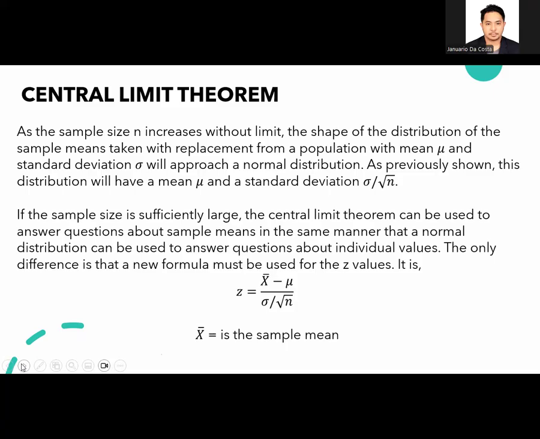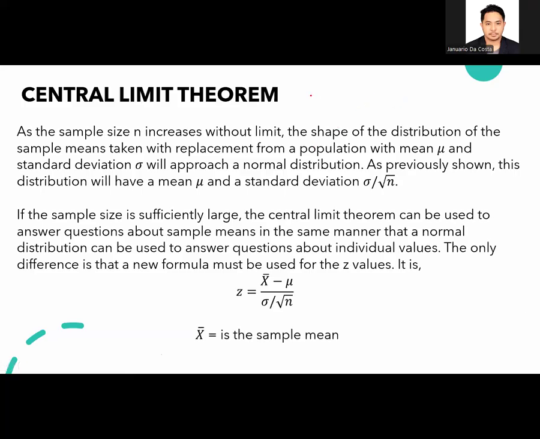So the central limit theorem states that as the sample size n increases without limit, n can be any number, for example n equals 2 and n equals 5 so far.